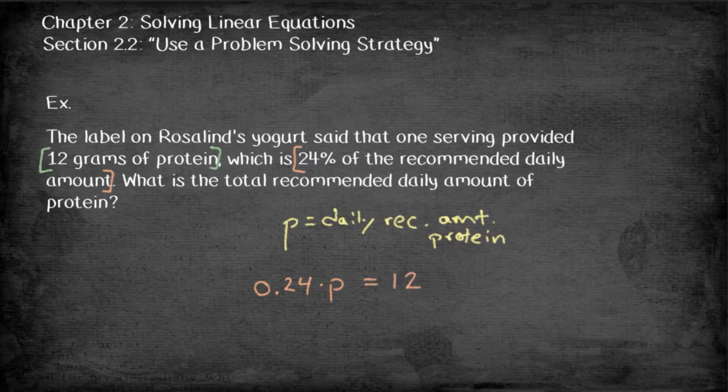So this is pretty easy. We can just divide out the coefficient. P is equal to 50 grams, which is important to know if you want to get super swole.